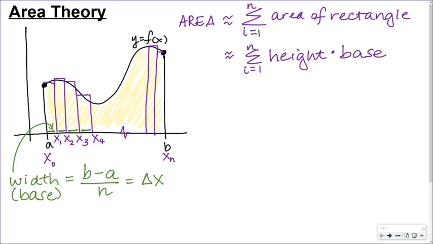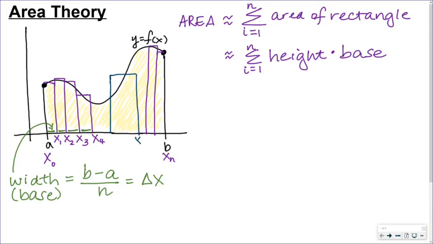Now, what about the height of our rectangle? I'm going to draw a bigger one so I can talk about this. Let's say this is the ith rectangle. Maybe it's the 8th or the 9th, or maybe it's the 100th rectangle.